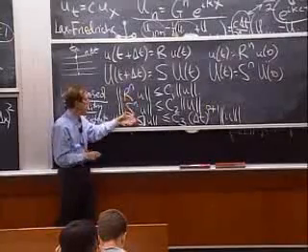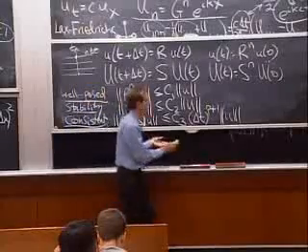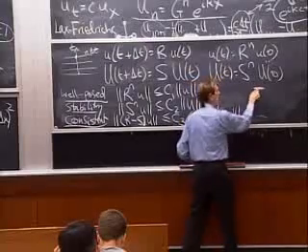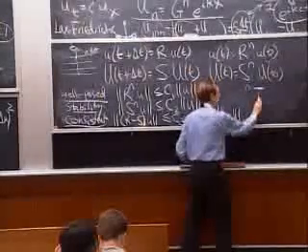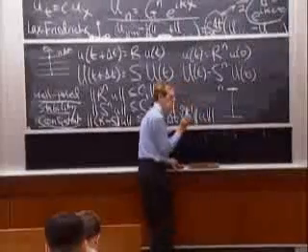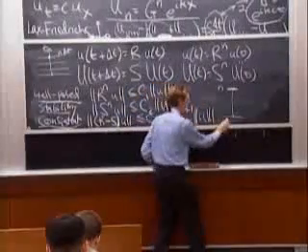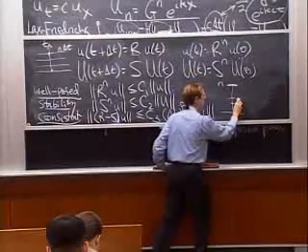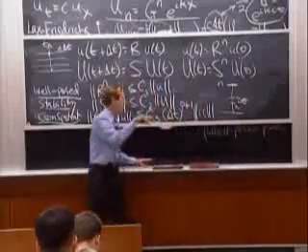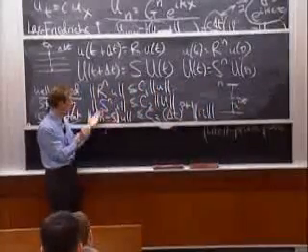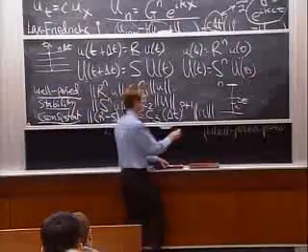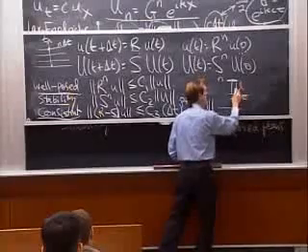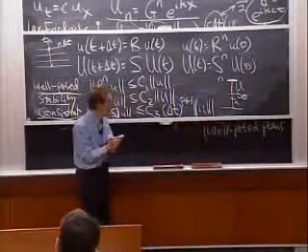So I want to look at the error up here after n steps. The error after n steps, typical term is, I follow the differential equation, that's U. Then I have this little error DE, which I make at that step, the difference between R and S. And then I follow the difference equation up to the remaining time.